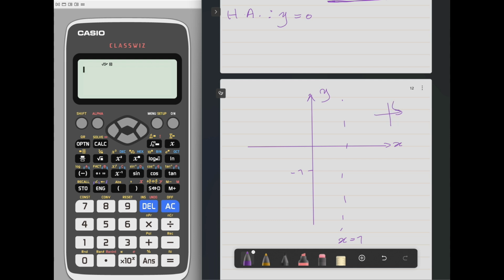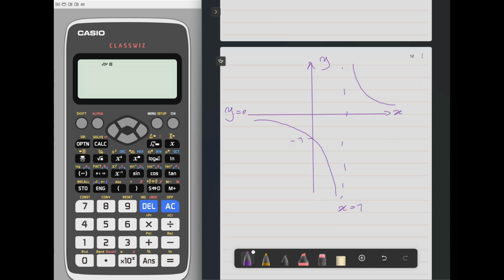Not really, this one. So this is my basic graph. As we needed to remember, now we're going to sketch it, right? And as for this one, this is it. And y is equal to 0. So this is my sketch for part A.